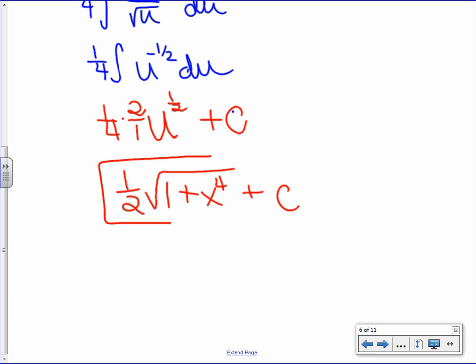Now, if you left it as 1 plus x to the 4th, the quantity to the 1/2, that would be fine. Just realize on a multiple choice, they would switch it back to the radical. If you left it to the 1/2 power, that's fine. Questions?